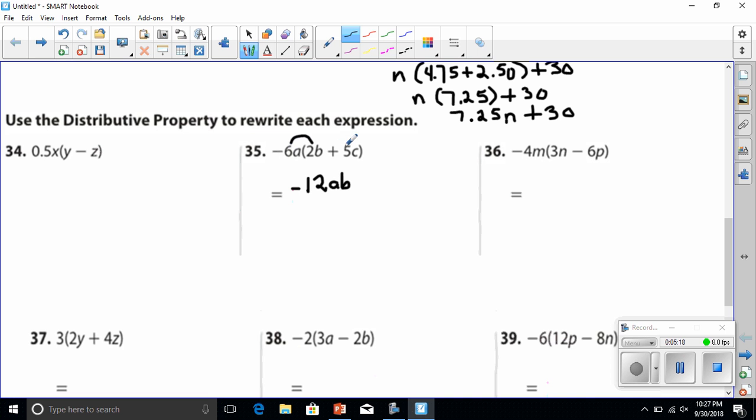And negative 6 times negative 5, well, that's negative 30. And we've got a and c, so this would be negative 30ac. And really, that's it. There's nowhere to go with this. Let's go ahead and try number 37.